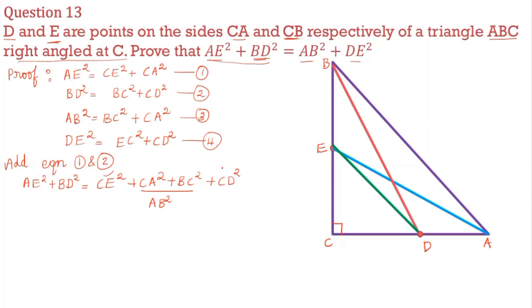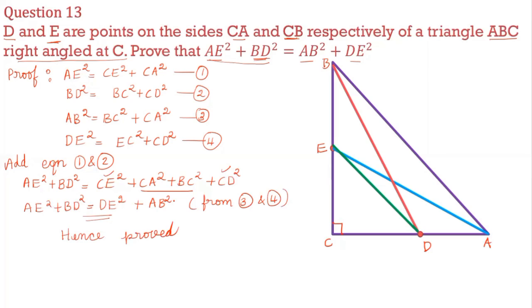So AC square plus CD square can be written as DE square. Now we got AE square plus BD square is equal to DE square plus AB square. We have written CA square plus BC square is equal to AB square from 3 and CE square plus CD square is equal to DE square from 4. Hence proved.